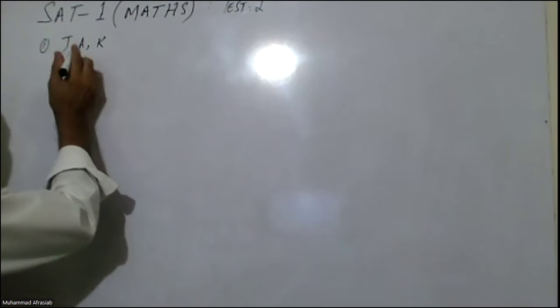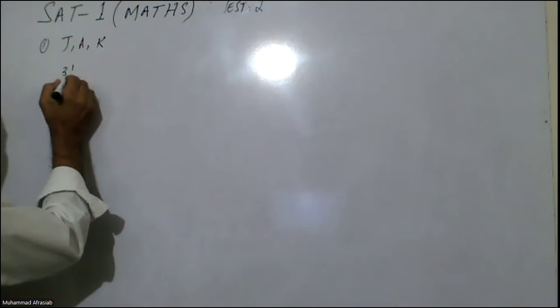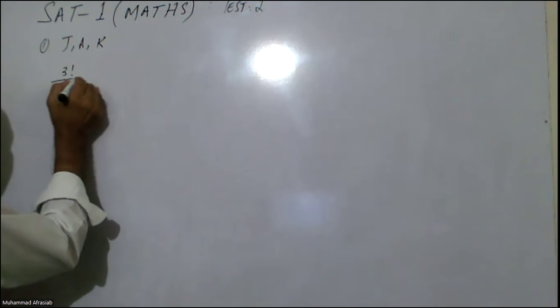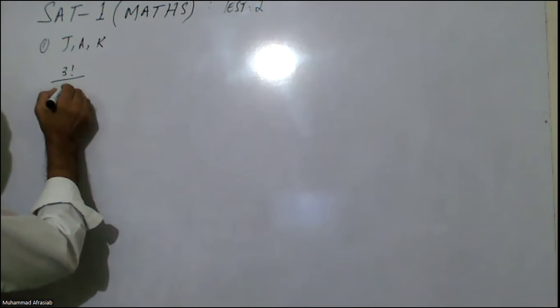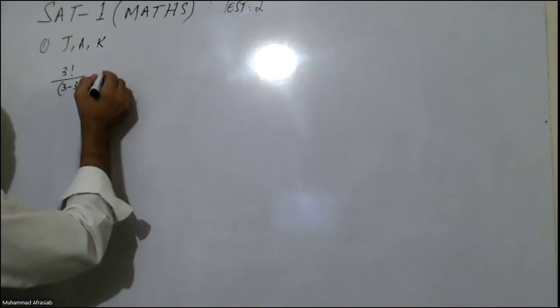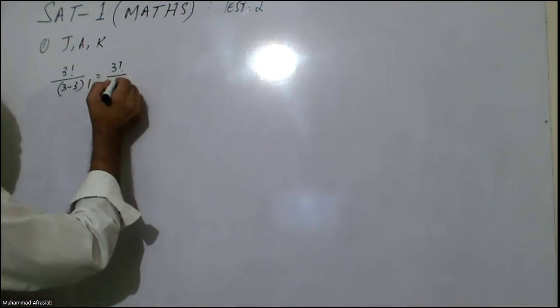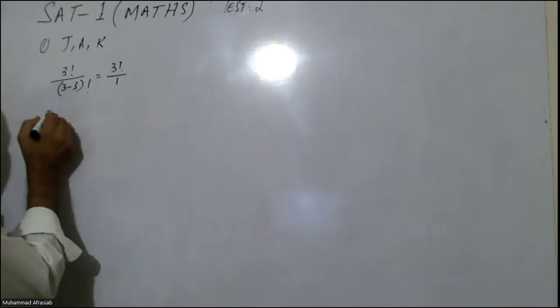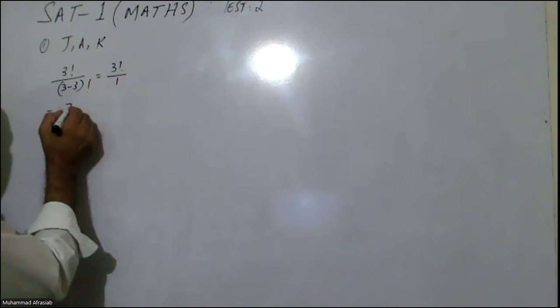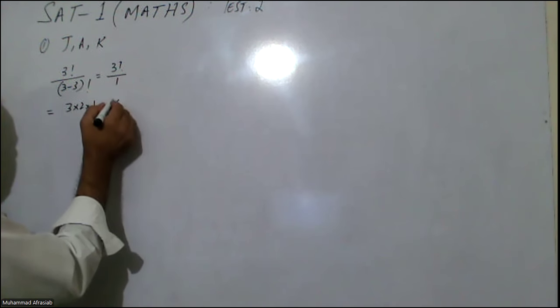We know that there are 3 students, so it should be equal to 3 factorial divided by (3 minus 3) factorial, which is 3 factorial over 0 factorial, and 0 factorial is 1. So that is 3 into 2 into 1, which is equal to 6.